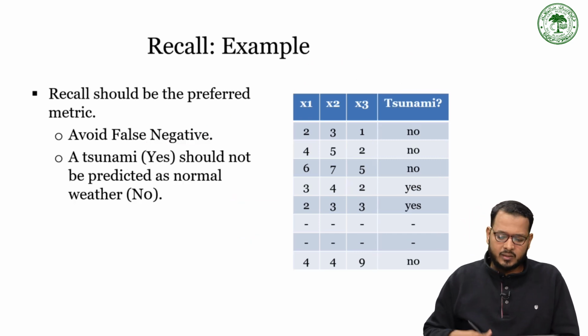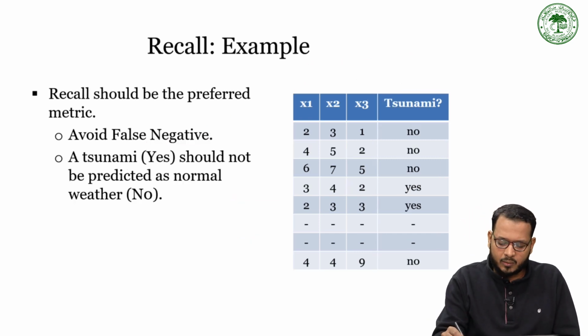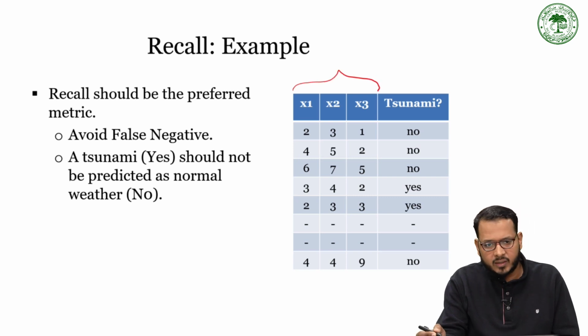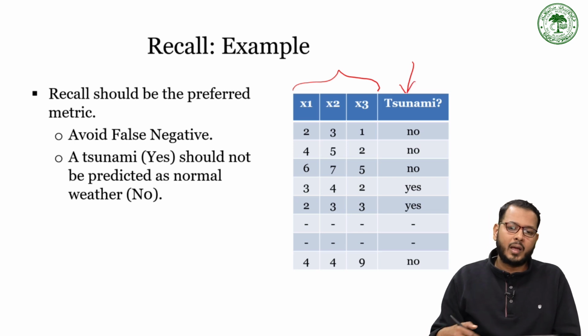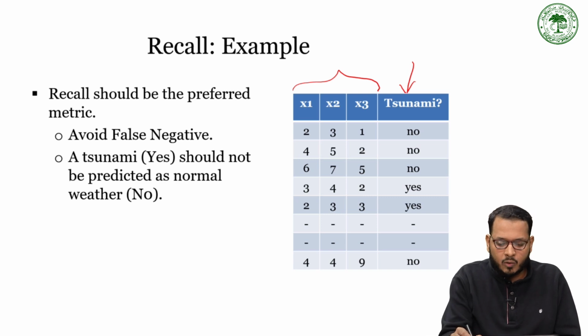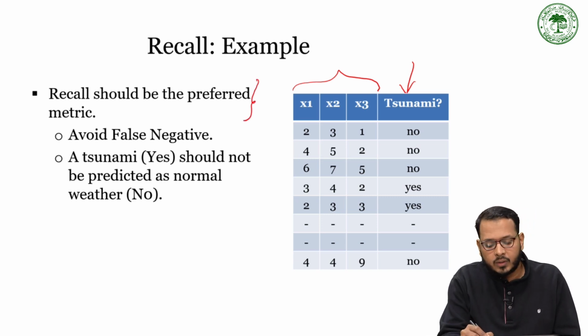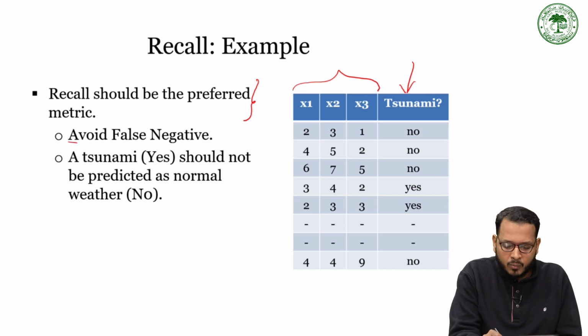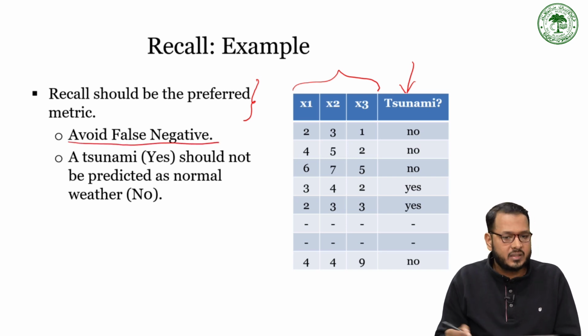On the other hand, let's consider another scenario where we have some independent variables, some weather related variables, and we want to predict whether a tsunami might hit or not. In this specific case, recall should be the preferred metric. Why? Because we want to avoid false negative cases.